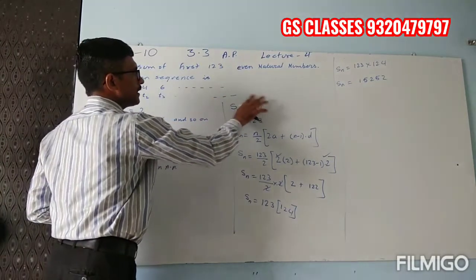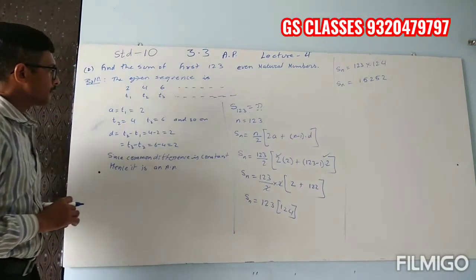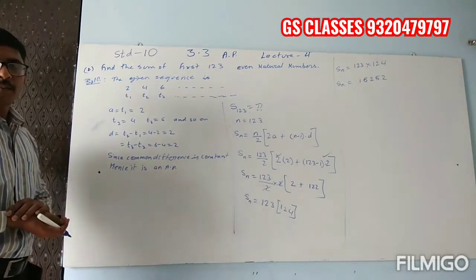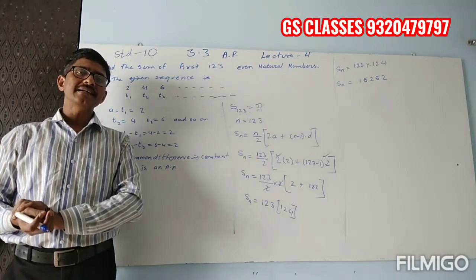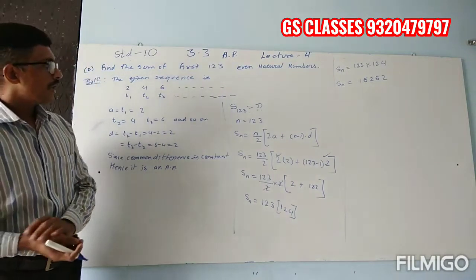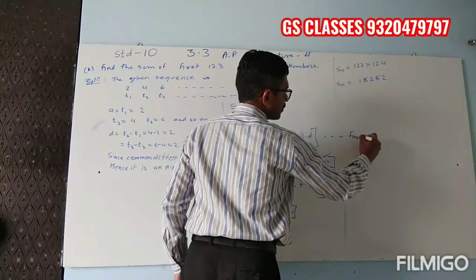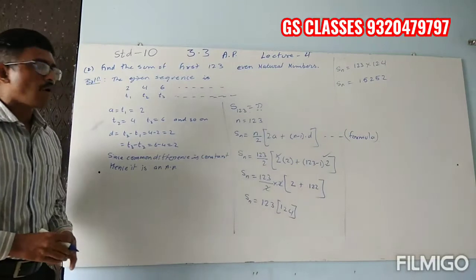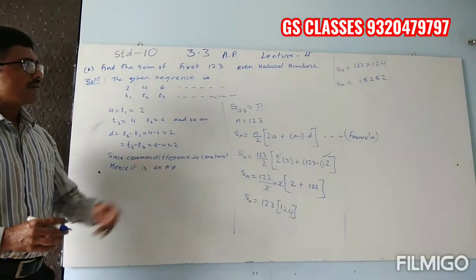But you have written that these are the even natural numbers. Then you prove that it is an AP. Because once you have proved that it is AP, then only you are entitled to use the formula. So now we are using here the formula. And thereafter substituting all the values, now we got our answer.